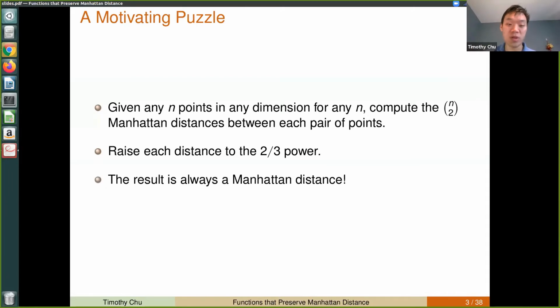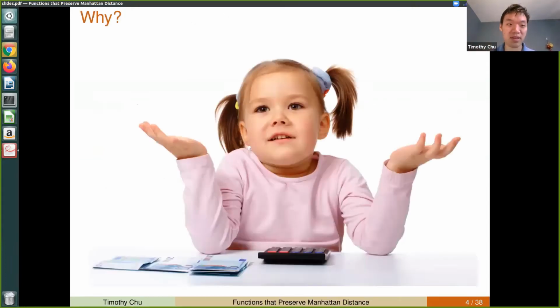Now I claim that the result is always a Manhattan distance. That means that the n choose 2 distances I get after raising them to the 2/3 power can themselves be realized as a Manhattan distance between n new points. Why on earth would this be true? A priori, there's no reason to believe anything like this whatsoever, and yet it happens to be a true statement.